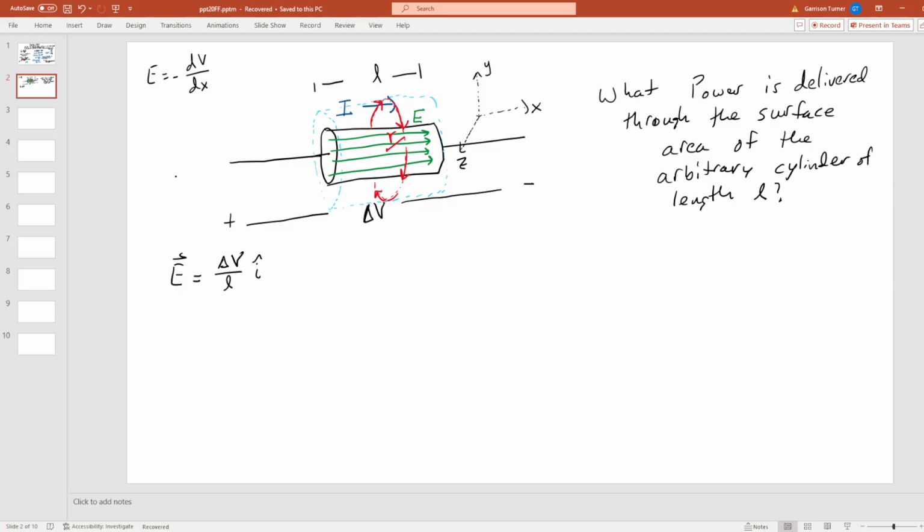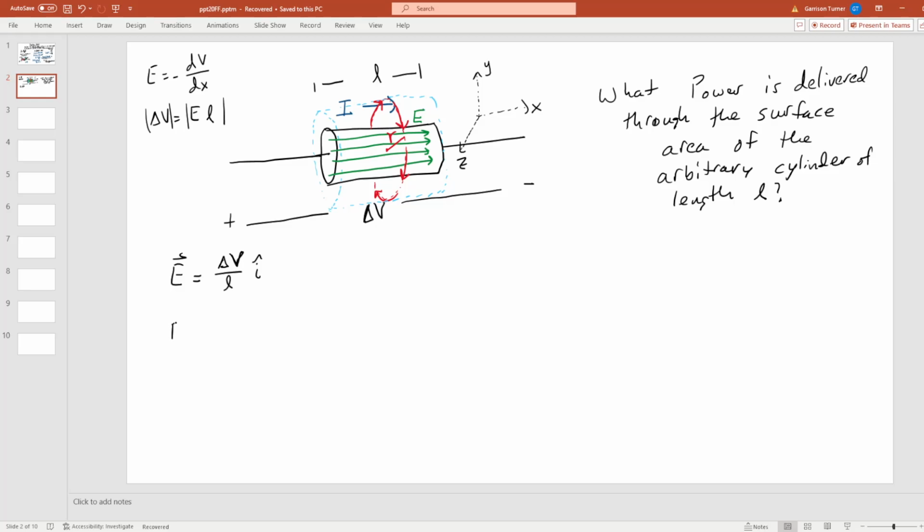But my potential is constant, and therefore delta V is just equal to EL. Sans the negative sign, but as far as magnitudes go, which is really all we care about, that shows that E is equal to your potential divided by your length. We've seen that before. This is just a result that we're rederiving.